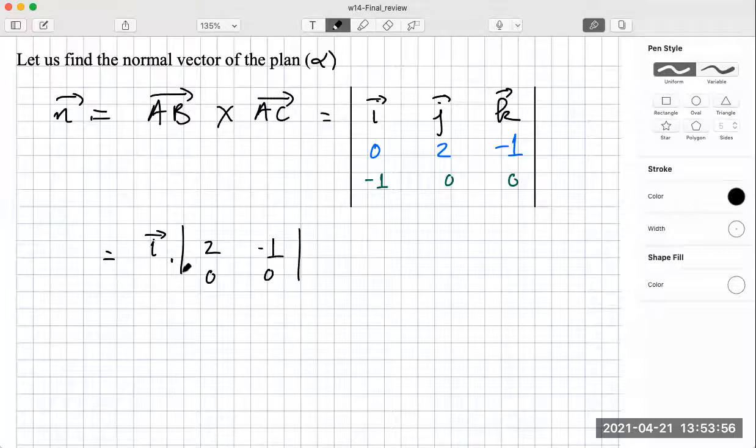Very good. Subtract j times what? We cross out this column and this row, it will be very good.